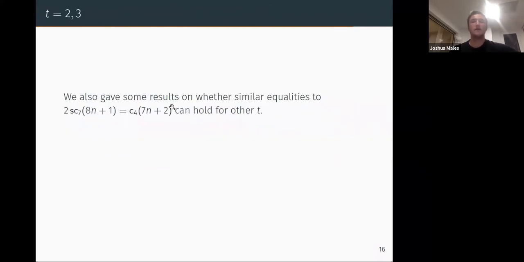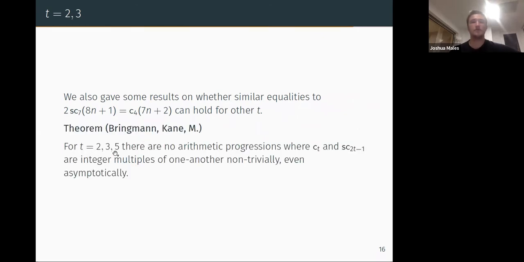Okay, so we also gave some descriptions of whether identities like this curious equality can hold for other t. So here we only had 7 and a 4. So what happens if I replace this 4 with a 2 or a 3? Okay, for t equals 2, 3, and 5, there are no arithmetic progressions where c_t and sc_{2t-1} are integer multiples of one another.